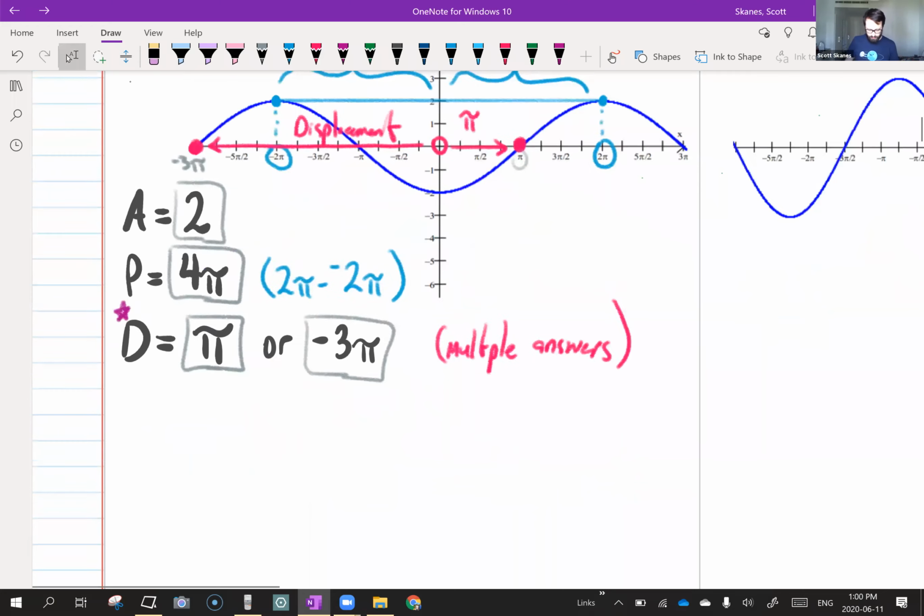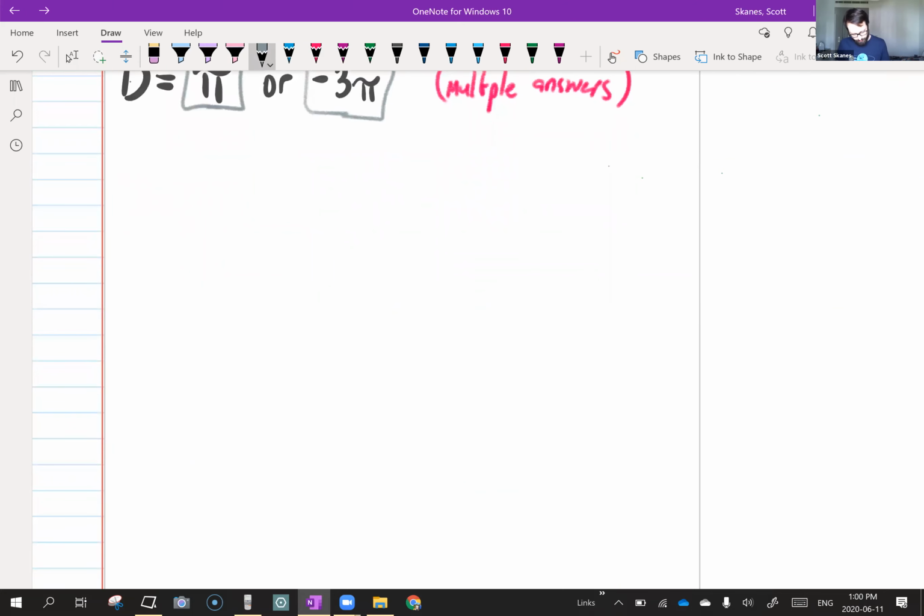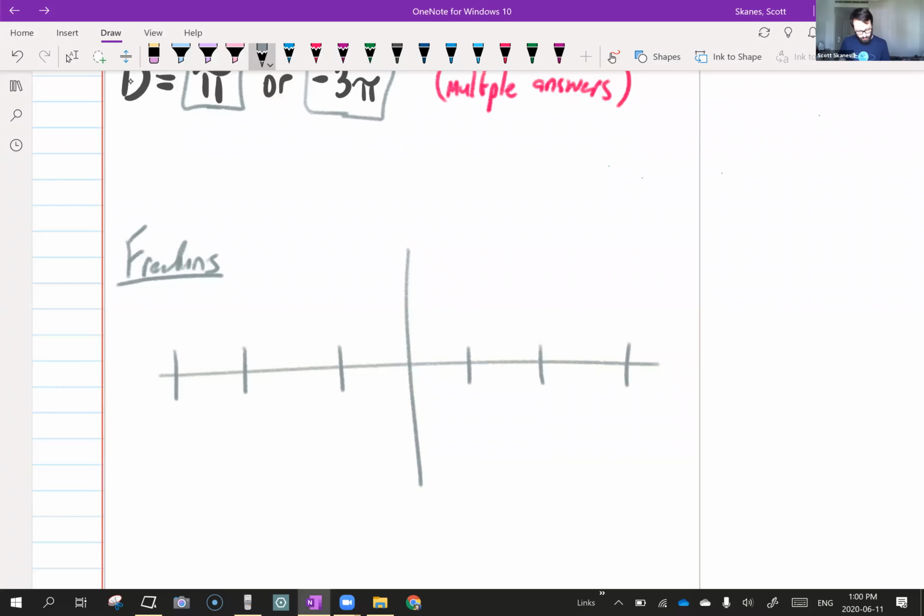Let me just give you an example here. What if you had to deal with fractions? So let's just say that this is our line. And let's just say it was pi over 2 here.